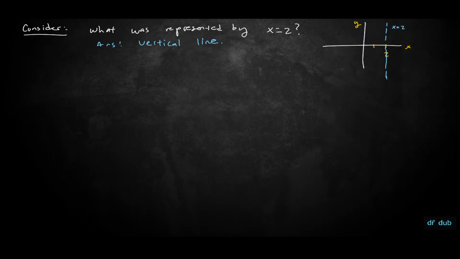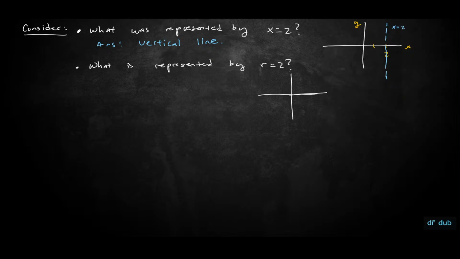We could say a similar thing for polar coordinates. So in polar coordinates, what is represented by r equals 2? So you draw flat space and then fix r equals 2.